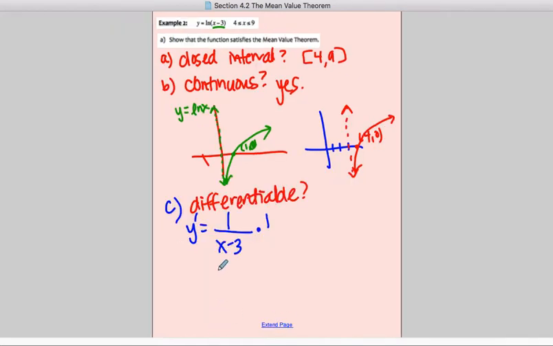And so, does this derivative always exist? No. The derivative does not exist when x is equal to 3. However, is 3 in my interval that I'm looking at? No. So am I differentiable on my interval? Yes. So these are kind of like our 3 checklists to use the mean value theorem. Okay? Closed interval, continuous, and differentiable. So we are good there.